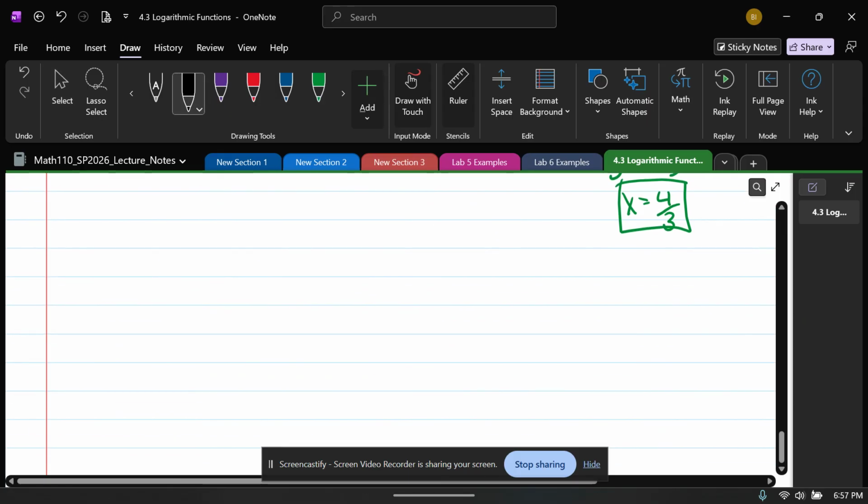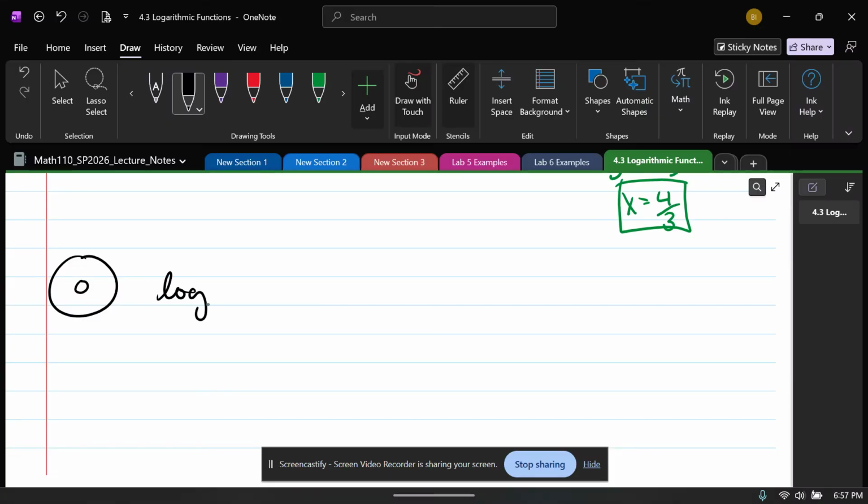Donut example. Log base 4 of x equals 5/2. This one's so simple it confuses us sometimes. What is this as an exponential?